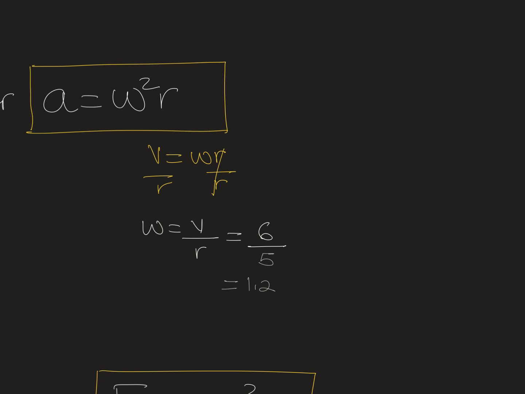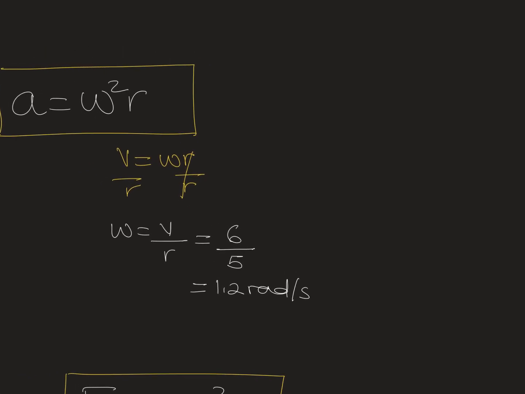So the angular velocity is 1.2 radians per second. Substituting it in this formula, we would be able to find the centripetal acceleration. Centripetal acceleration is omega squared times r.